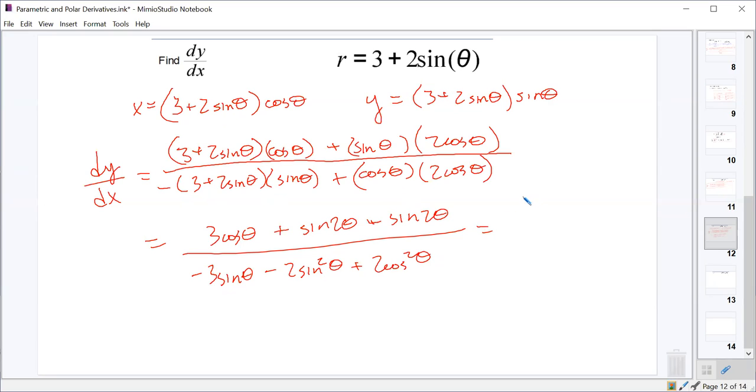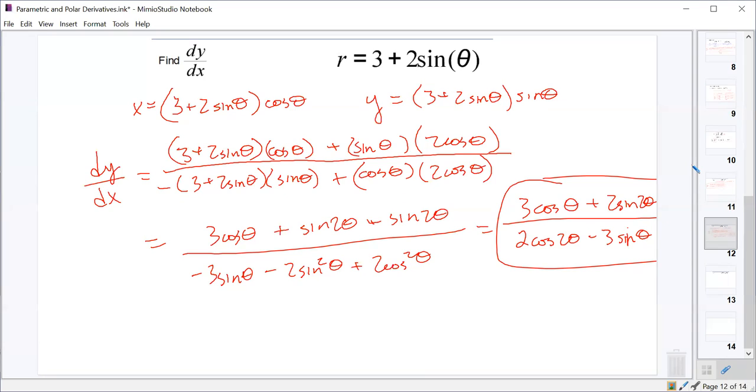And so what does that become? 3 cosine theta plus 2 sine 2 theta. And then 2 cosine squared theta minus 2 sine squared theta ought to be 2 cosine 2 theta, and then minus the 3 sine theta. That one simplified down fairly nicely. Don't you think? Yeah, that was a good one. That was nice. That was fun and or exciting.